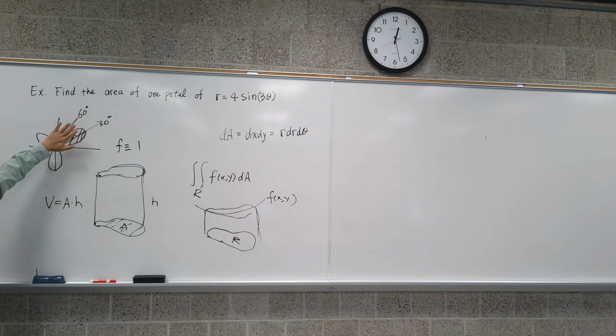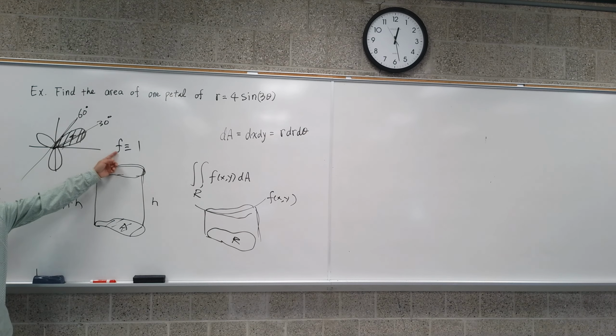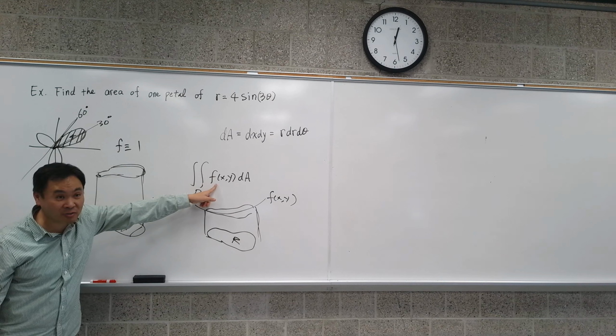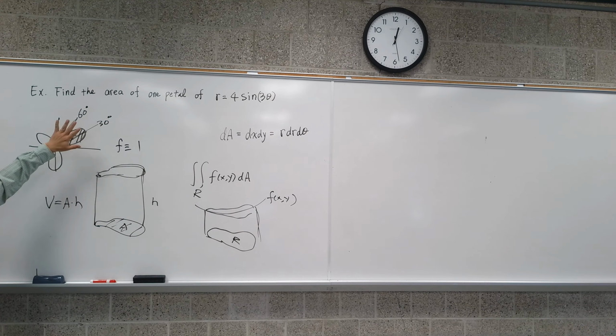If f is 1, and I look at this volume, it will be the volume of a column with height 1, right? If I have f equal to 1, that's the surface over this region. And if I calculate the volume under the surface over this region R, that'll be the column with height 1. Therefore, when the height is 1, the volume will be the same as the area. Yeah, so that's the idea.